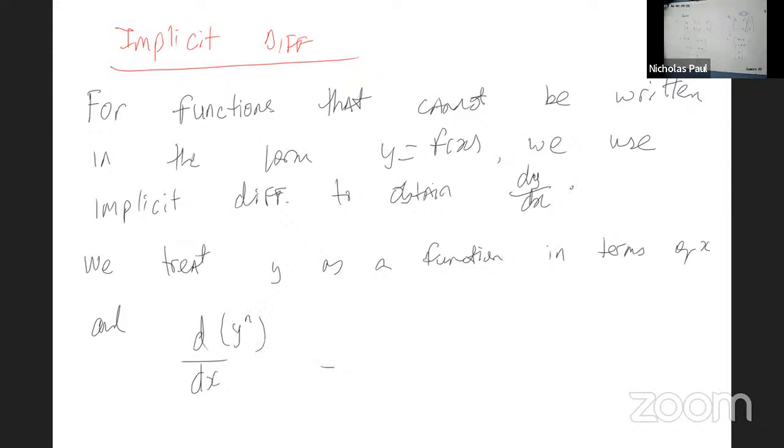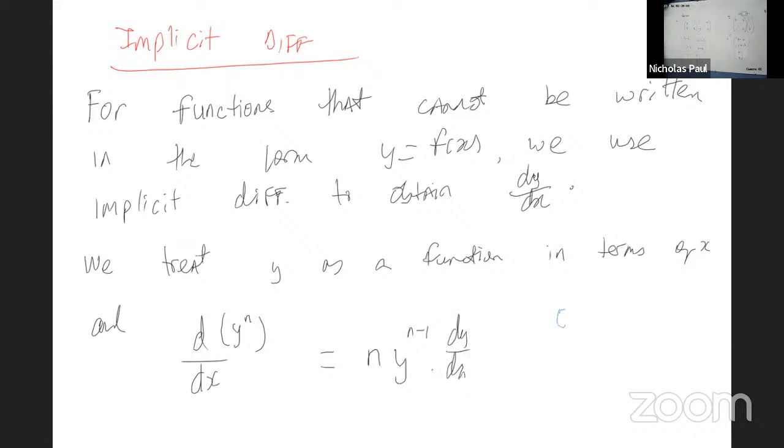And the differential of y to any power is n y to the n minus 1 dy dx.